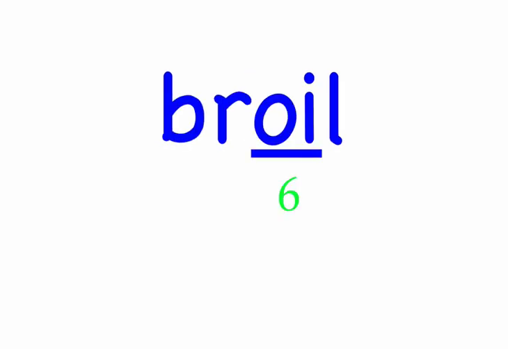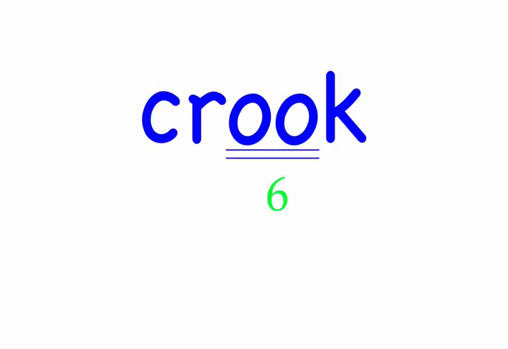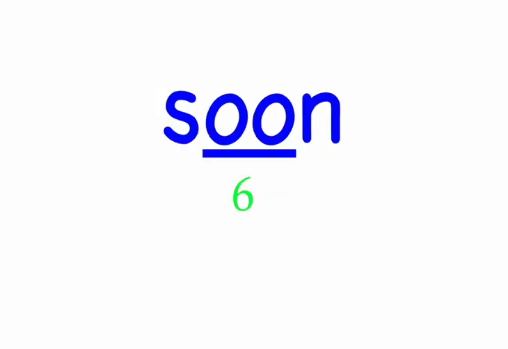Crook. That man is a crook. Crook, 4 sounds: k, r, k. Soon. Soon we will all be together. Soon, 3 sounds: s, oo, n. Shook. I'm all shook up. Shook, 3 sounds: sh, k.